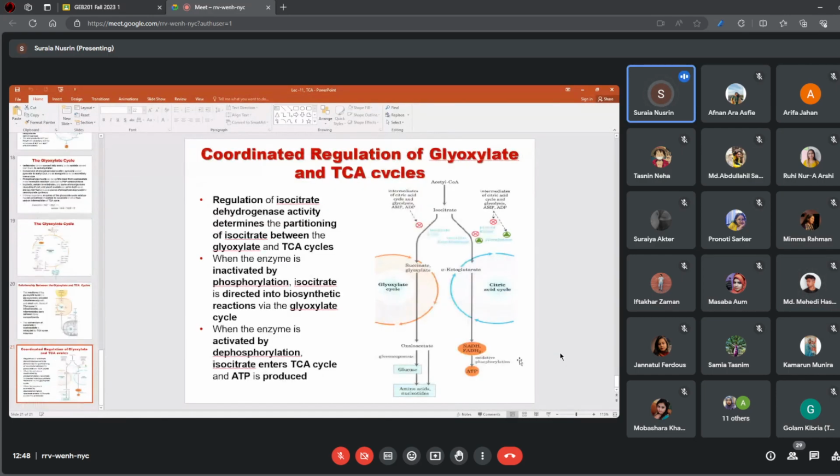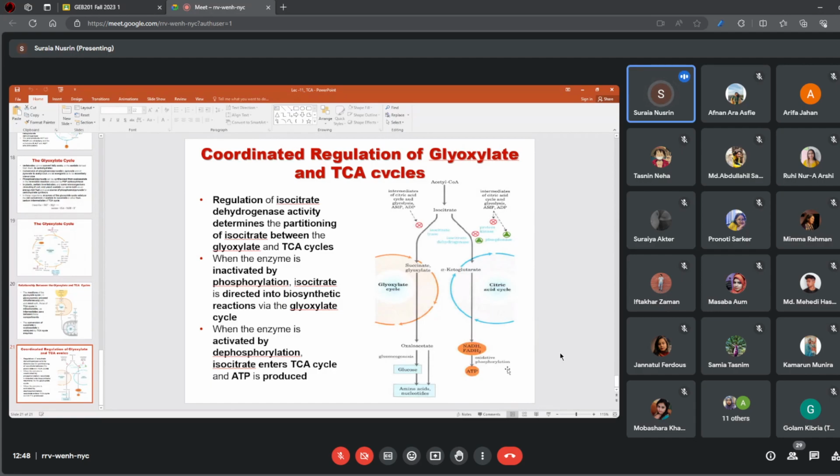Okay, now the next question is that these two cycles, glyoxylate and TCA cycles, have similarities and some common enzymes. So which cycle will go on, because acetyl CoA is the starting point, which can enter either of these pathways?